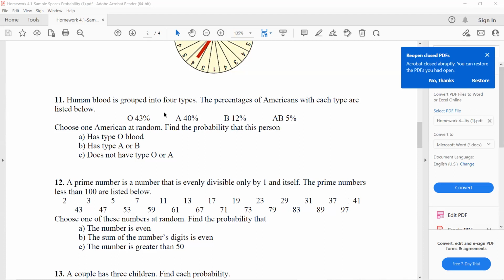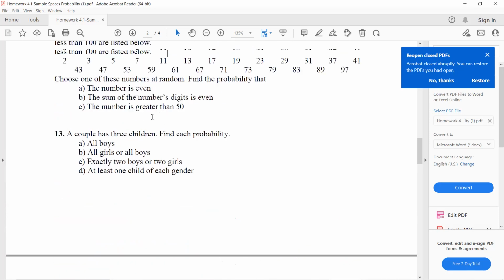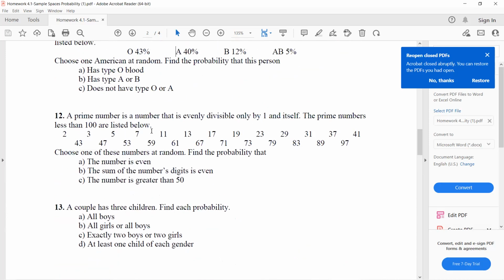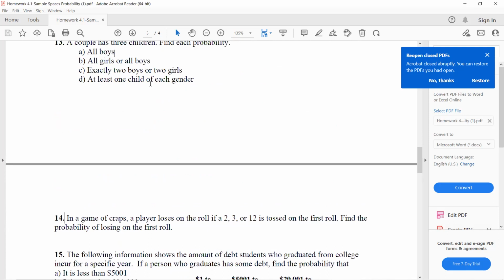What does the chart say? 43%. So this is just about knowing how to read the chart.